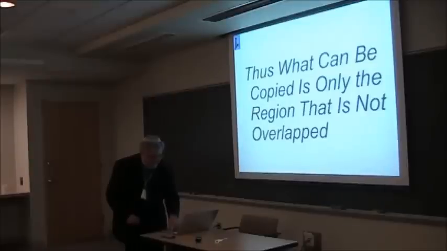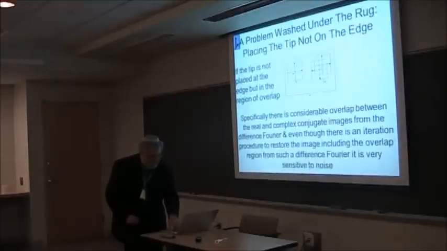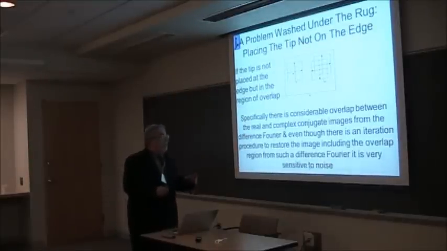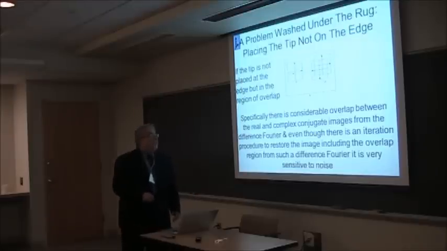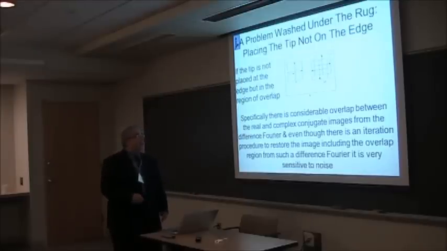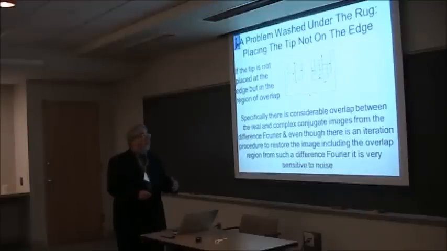But even though there are algorithms, there is an algorithm in this paper to get rid of this region. It's iterative, and therefore, unlike the rest of the paper, which is not iterative, it's sensitive to all the things I mentioned previously.